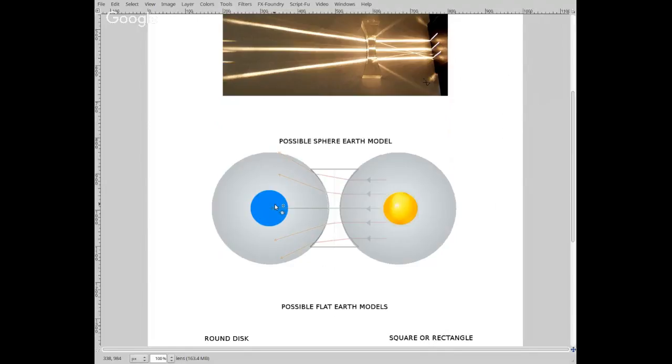Okay? Now, the only way to make those 2 models work is where you have this double convex or concave lens between them somehow. Okay, there's that shape. This is what you need between the sun and the Earth in order to get these angles that we observe in the sun's path on a given day. Not season, but a day.